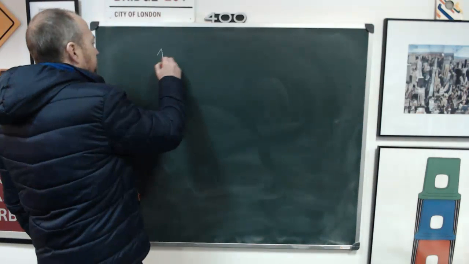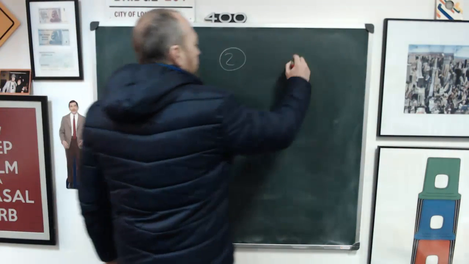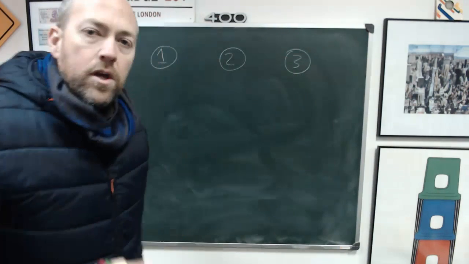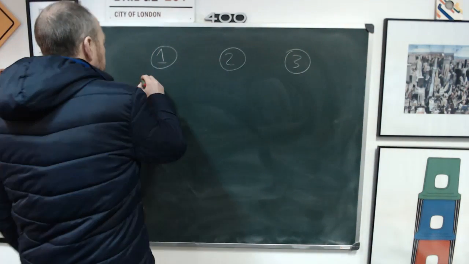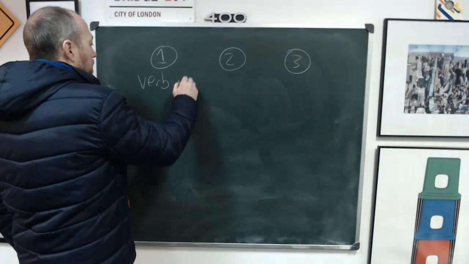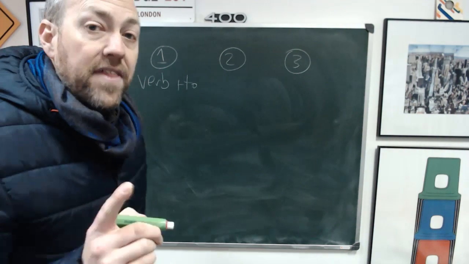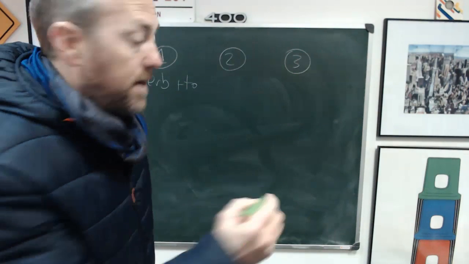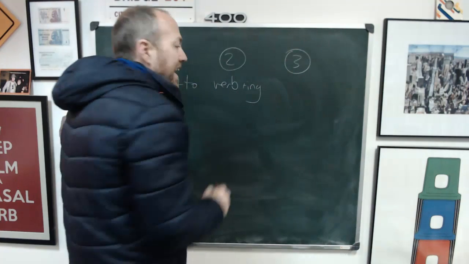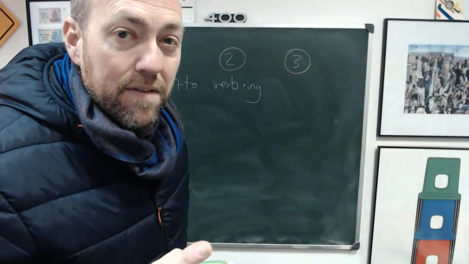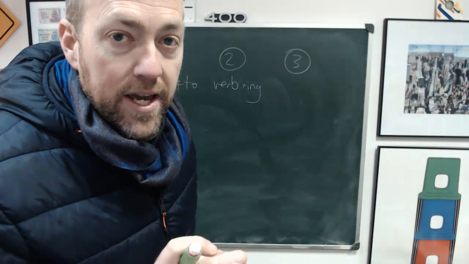So in English we have 3 categories of verbs, okay? We have the verbs with to, and then we have the verbs with ing, and then we have verbs with no to or no ing.